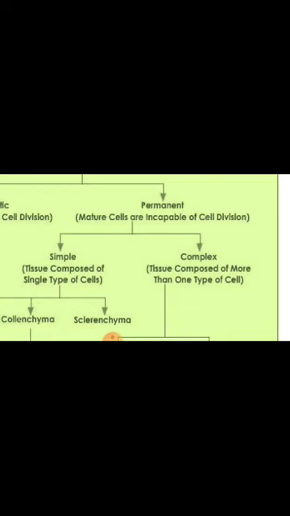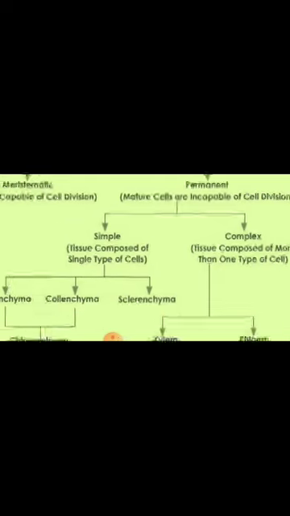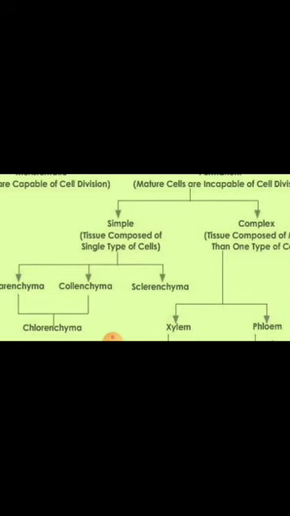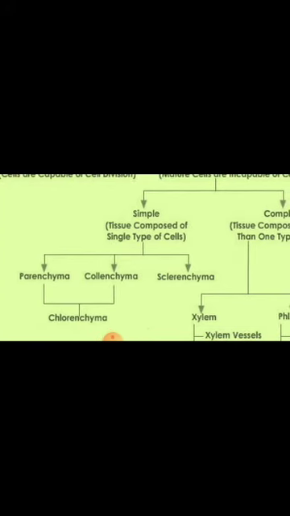Now, simple permanent tissues are composed of a single type of cells, and complex tissues are composed of more than one type of cells. Let us see the simple permanent tissues. They are subclassified into parenchyma, collenchyma, sclerenchyma.